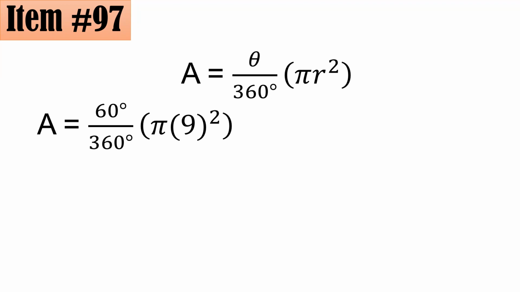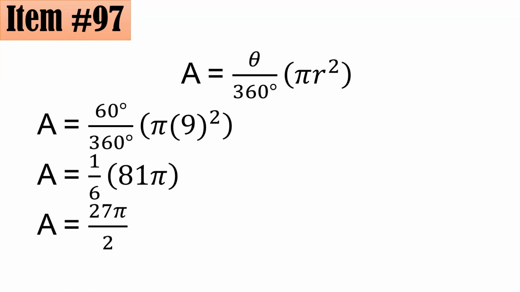From here po, the 60 over 360 is 1/6. The 9 squared is 81 times pi. That's 81 pi. And 81 and 6 have a GCF of 3, di po ba? 81 divided by 3 is 27, and 6 divided by 3 is 2. Hence, it should be 27 pi over 2 square units. And since it's not found among the choices, letter E.